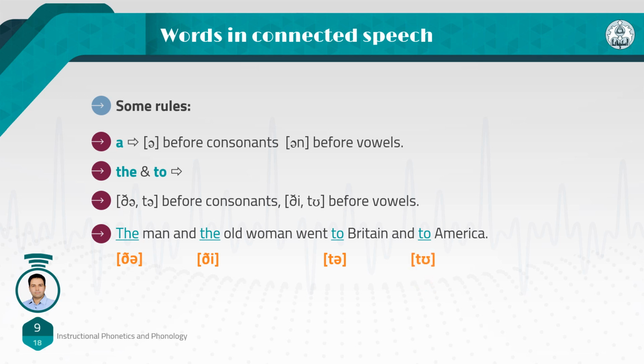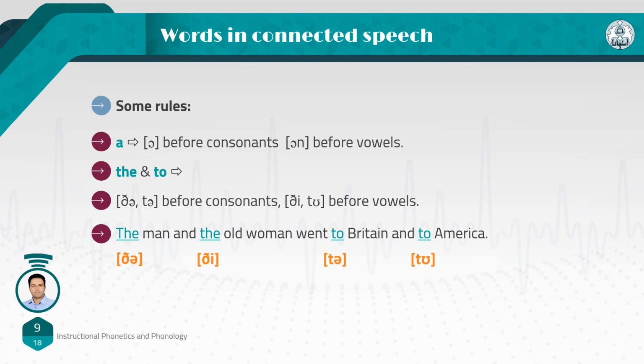So, if you pay attention, the two examples of "the" will often be pronounced differently. One is "the man," the other one is "the old man," "the old woman." I pronounce it as "thuh" because "m" in man is a consonant, but I pronounce the second "the" as "thee" because "o" in old man is a vowel.